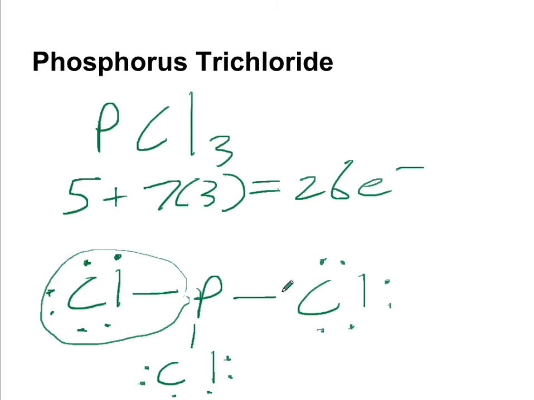What we need to do with the last 2 is put them on this central atom. That way all the chlorines have their octet filled. They've all got 8 valence electrons, and so does phosphorus. It's got 6 from the bonds and then the 2 unshared electrons. And all the atoms are happy now. Everyone's got their octet. That is the Lewis structure for phosphorus trichloride.